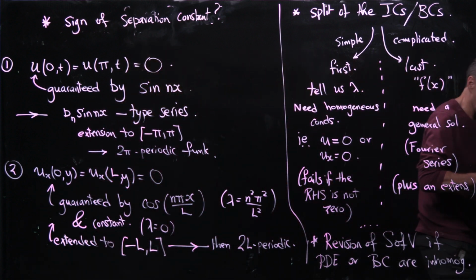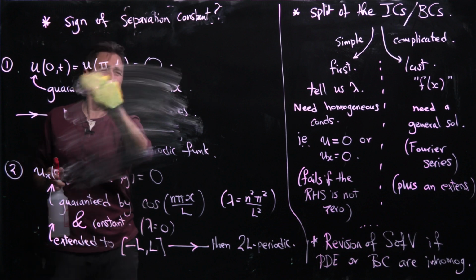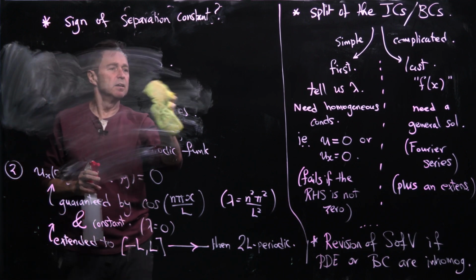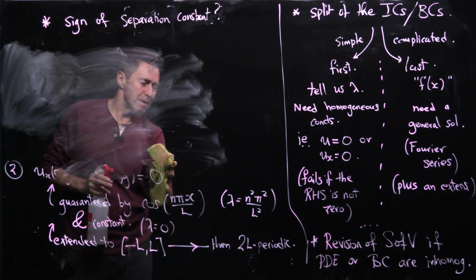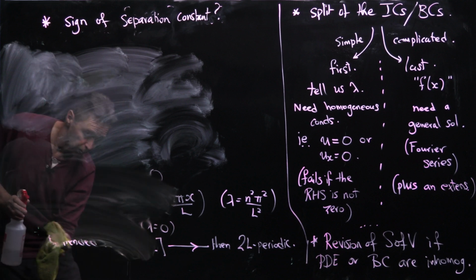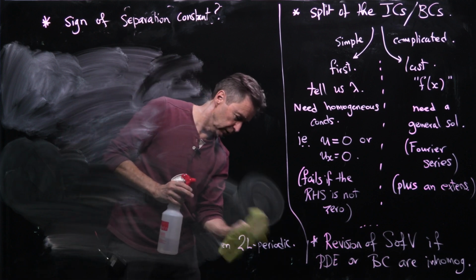Okay, so let's pause a second. I'll just give myself a clean sheet here. What am I talking about? When I wrote down the ODEs, it came from demanding that I had a function of x equal to a function of t or a function of y, and then saying that they had to be equal to the separation constant.